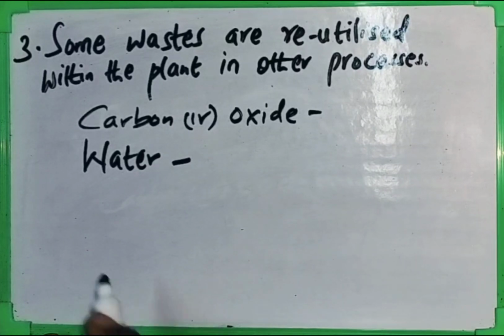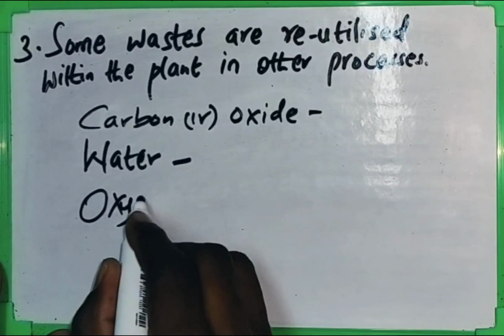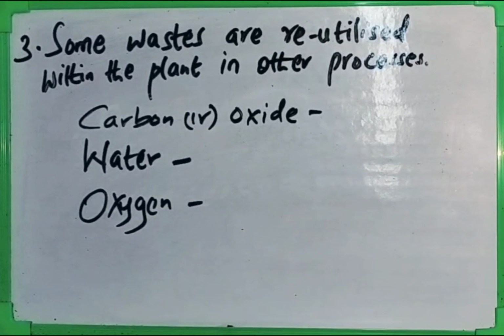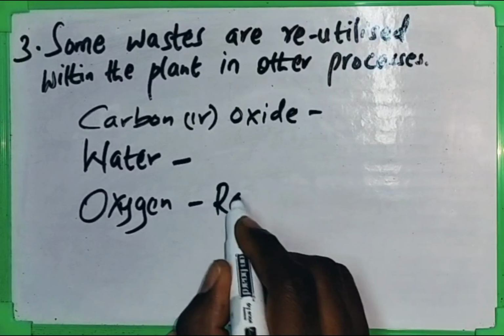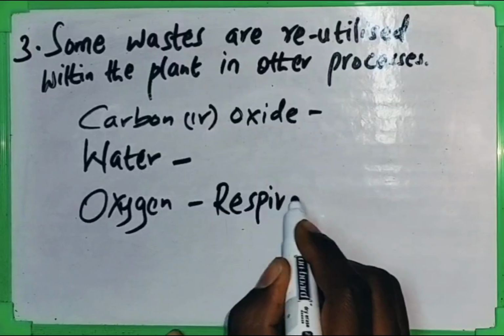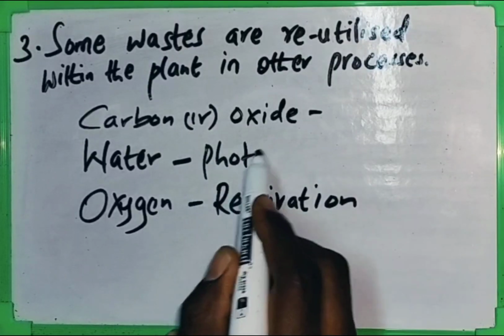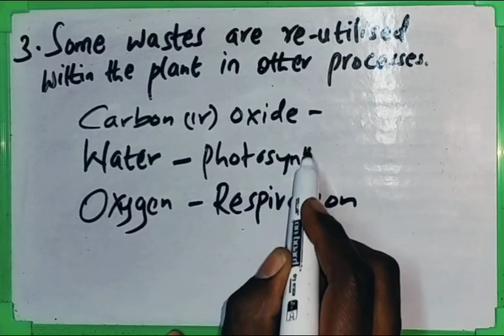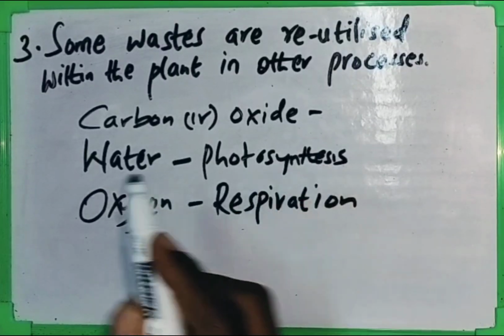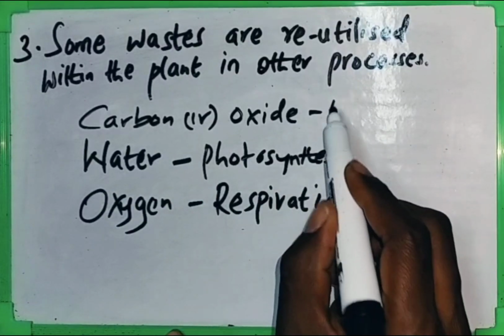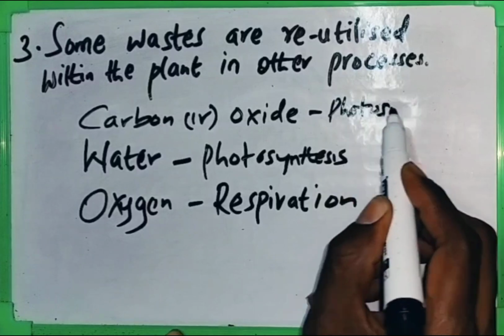We also have oxygen. In plants, oxygen is also a waste that is produced from photosynthesis. It can be used for respiration. So oxygen is reused for respiration, water for photosynthesis, and of course carbon dioxide for photosynthesis.